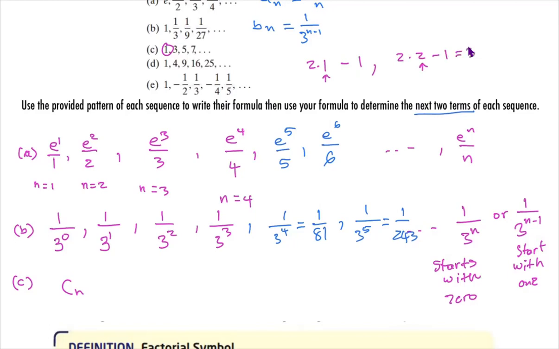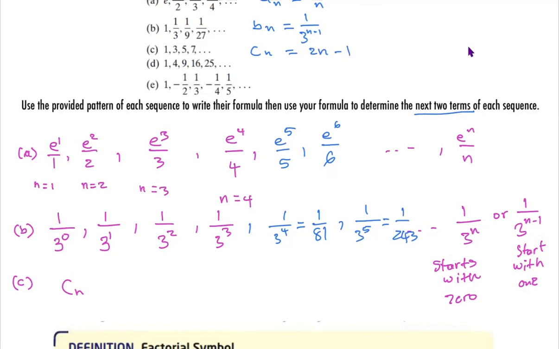When you do 2 times 3, it's 6, minus 1, it's 5. It looks like the formula here would be Cn equals 2n minus 1, right?